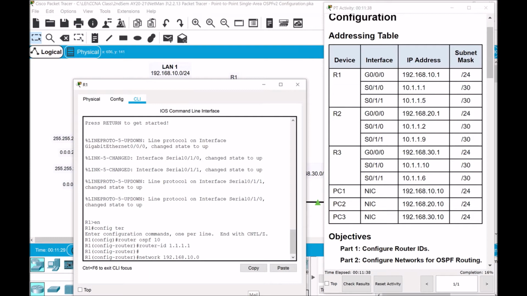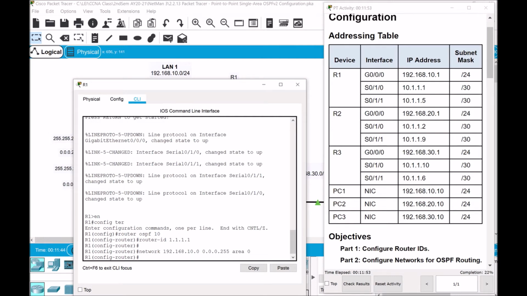So we will be using the wildcard mask rather. That's 0.0.0.255, and area is always 0. That's for the first network. We have to do the same for the other two networks connected.